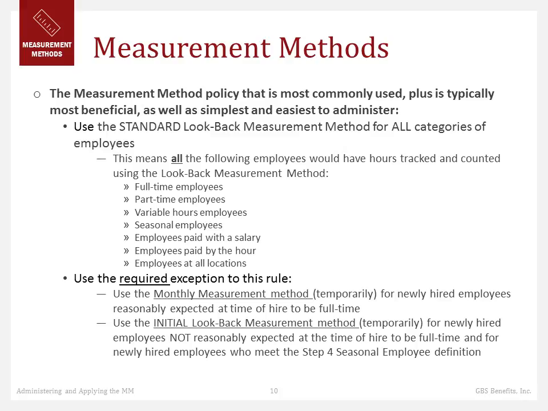Now, you are required to use an exception. In other words, you are not going to use the standard look-back measurement method for certain employees, and this is a review of that. First, you're going to use the monthly measurement method temporarily for newly hired employees who are reasonably expected at the time of hire to be full-time.